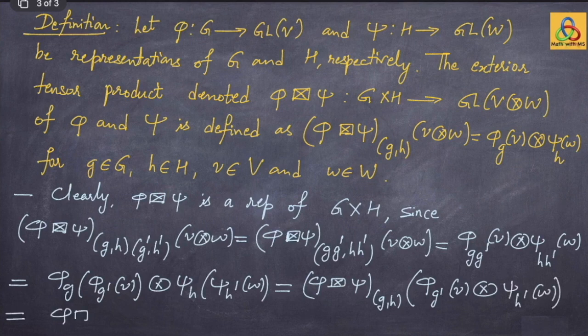Now again you do the same process and it becomes phi exterior tensor psi of (g,h) acting on phi exterior tensor psi of (g',h') acting on the vector v tensor w.